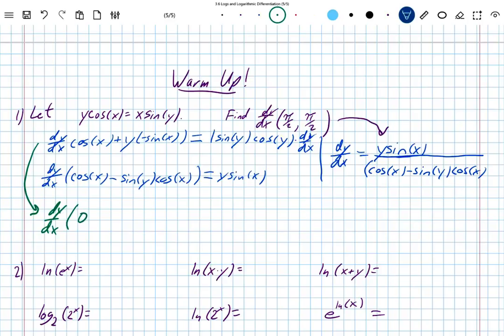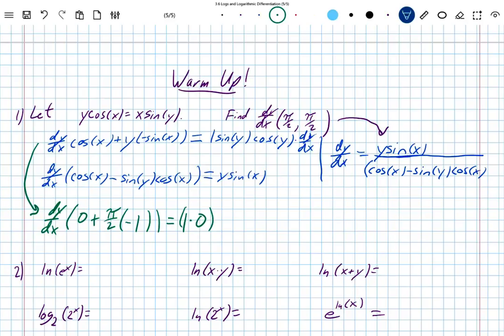It's just a 0, plus y, well, when y is pi over 2, times negative sine of x, and if x is pi over 2, that becomes a negative 1. Cool. Equals, we've got that 1, sine of pi over 2 is again a 1, times cosine of pi over 2, that's a 0. Very cool.